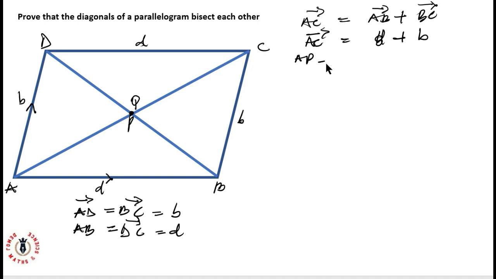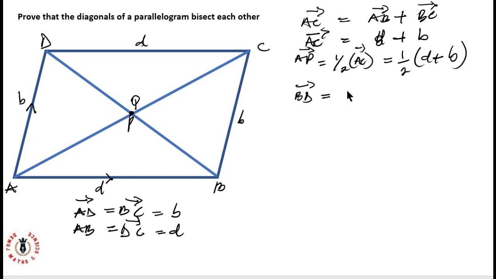AP is half of AC. So that AP will be the same thing as half into D plus B. Also, looking at line BD, we can see that line BD is the same thing as BA plus AD.